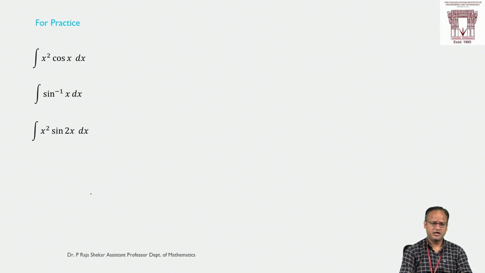Just by applying integration by parts, treating one as u and the other as v, by using the same ILATE, you need to identify which one comes first, whether we have an inverse function, logarithmic function, algebraic function, trigonometric or exponential. Based on that, we can decide which one is treated as u and the other as v, and using the same formula of integration by parts, we can evaluate the integral.